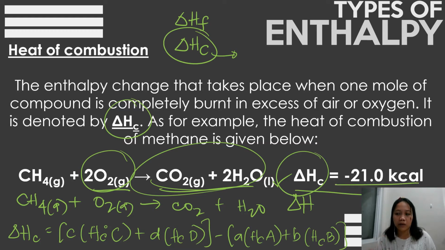What does it mean when you have a negative value of your delta H? That means there is a release of energy. Again, the perspective that we are seeing here is in the system. So that's why it is negative, because there is a release of energy from the system to the surroundings.